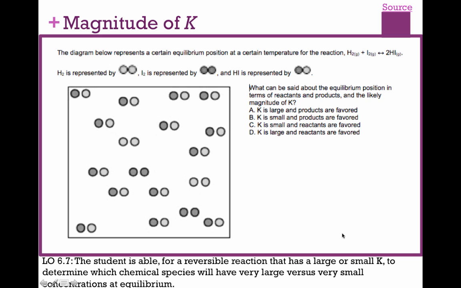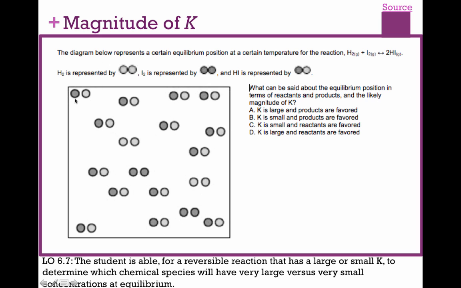So the diagram below represents a certain equilibrium position at a certain temperature for H2 plus I2 yields 2HI. H2 is represented by the two lighter circles, I2 the two darker circles, and HI is one of each. What can be said about the equilibrium position in terms of reactants and products and the likely magnitude of K?